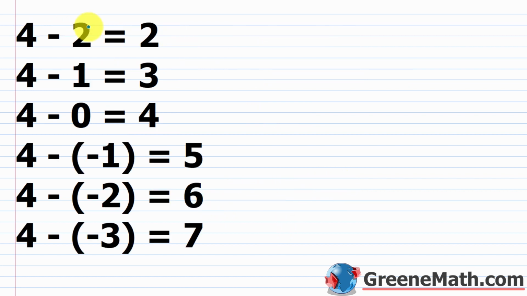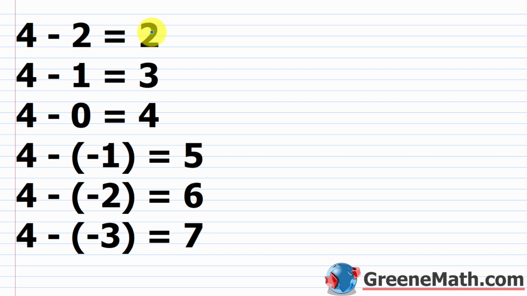You see that I have 4 minus 2 equals 2, 4 minus 1 equals 3, and 4 minus 0 equals 4. You'll see that each time the number that's being subtracted away, or the subtrahend, decreases by 1, the difference, or the result from the subtraction operation, increases by 1. That should make sense because I'm taking 1 less away, so the result, or the difference, should be 1 larger.